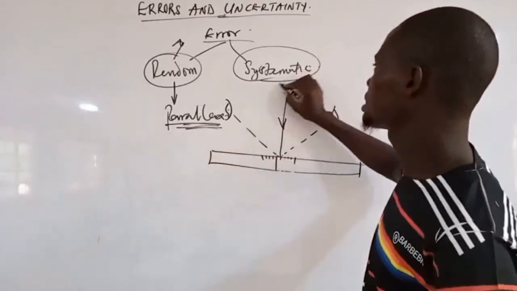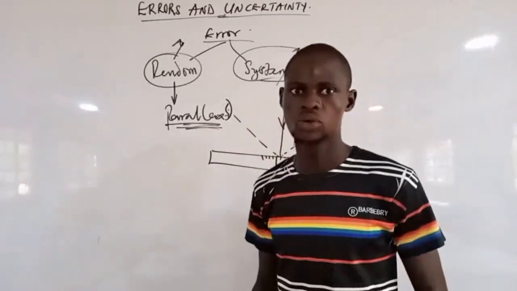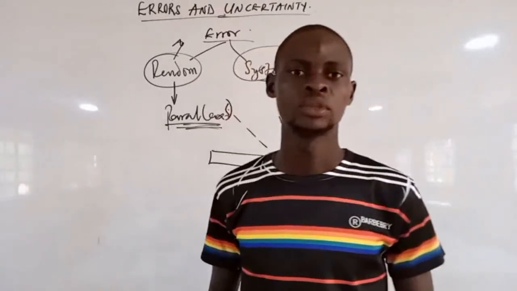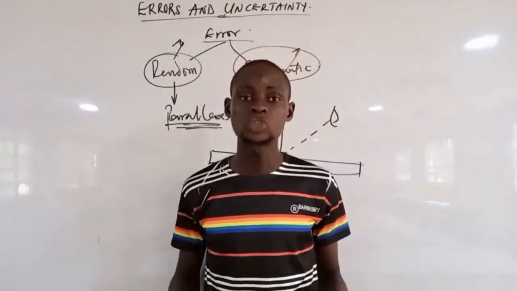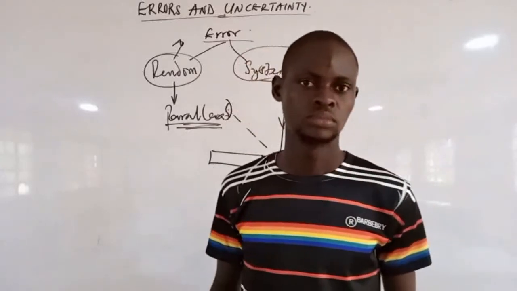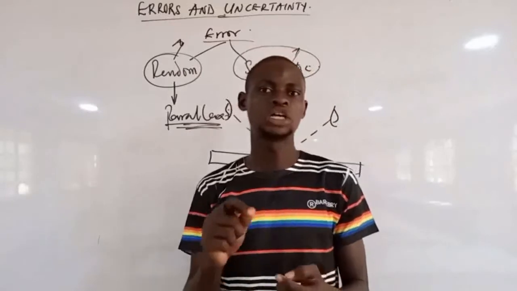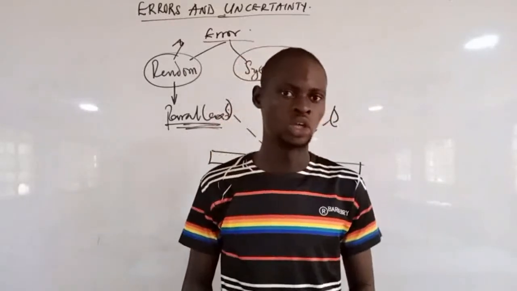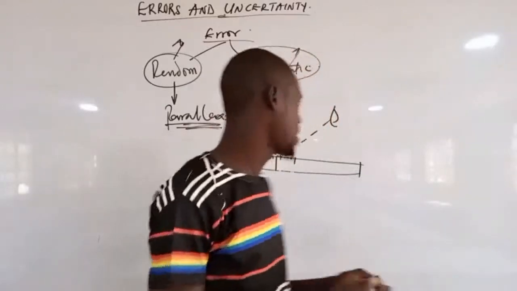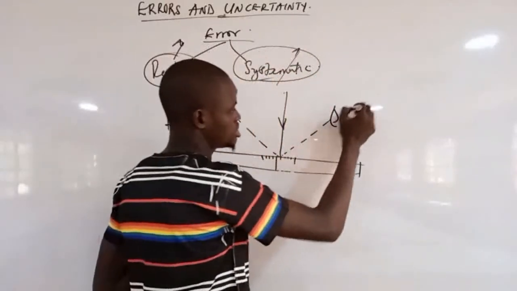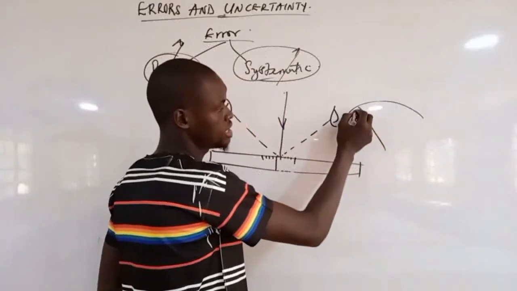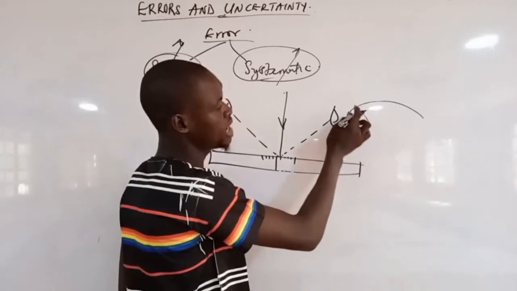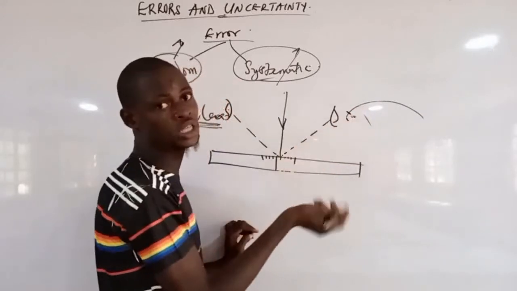In a systematic error, majorly it is zero error. I said earlier that it can be found due to faulty instruments. The zero error of the instrument can be corrected. It is either you return the instrument back to its zero position, or if for example the instrument is at 10 mark instead of 0 mark, then I can continue taking my reading using that 10 mark as a reference point.